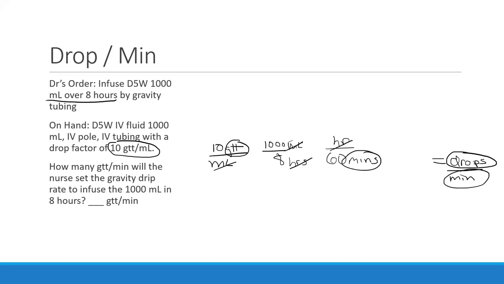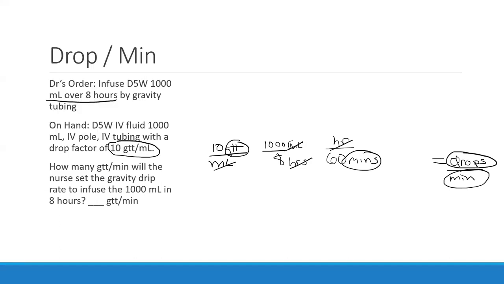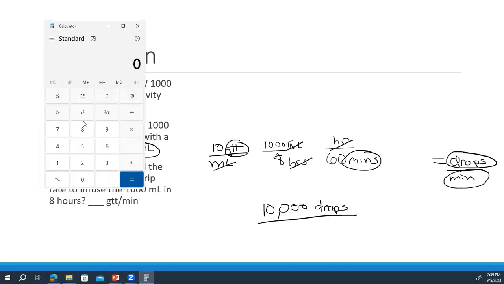Yes, I was. So now I'm going to do 10 times 1000. We'll pull out my calculator. We've got 10 times 1000, which gives us 10,000. So we'll go ahead and write that down. We've got 10,000 drops all over 8 times 60, which is 480.